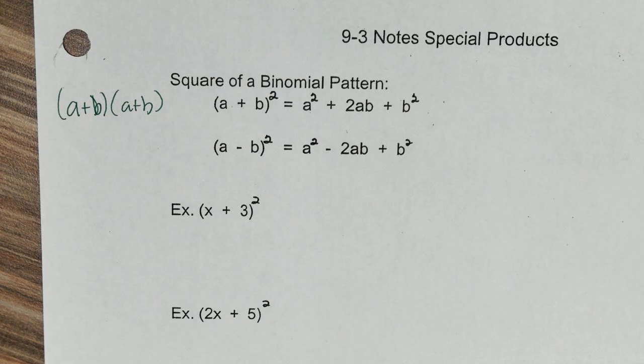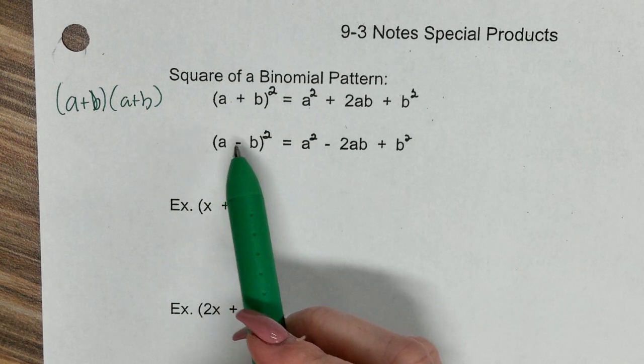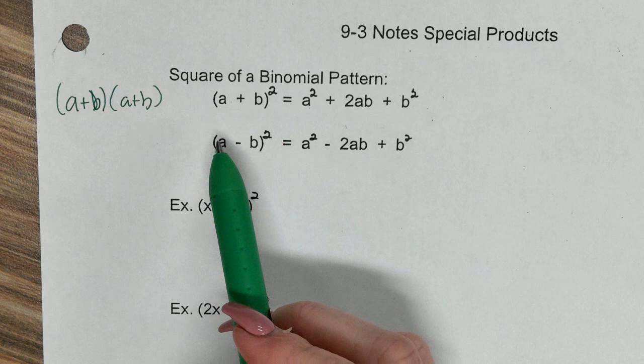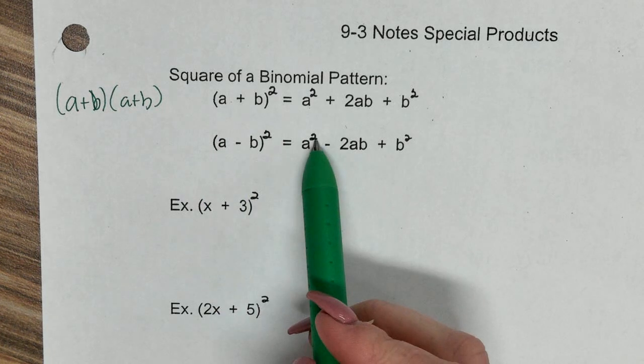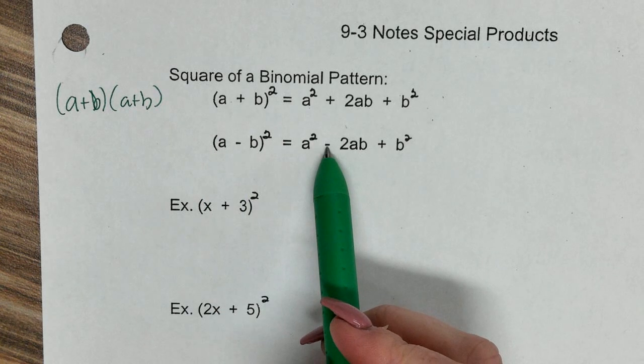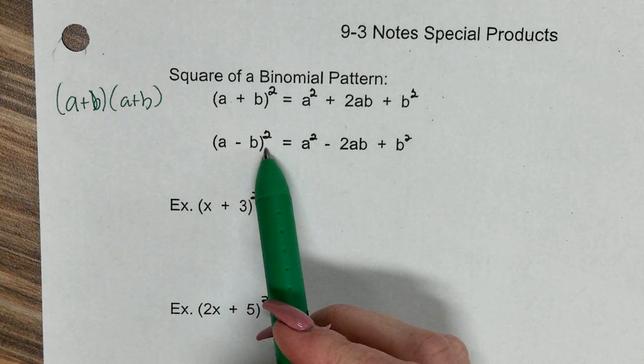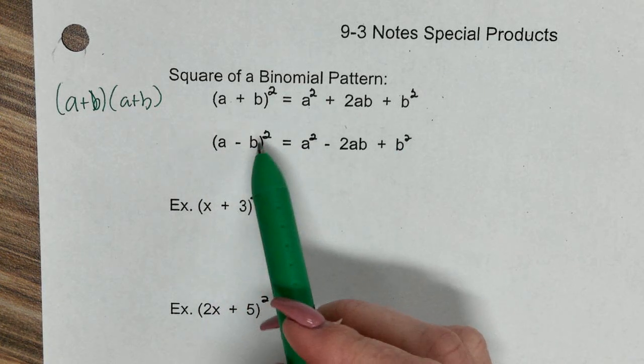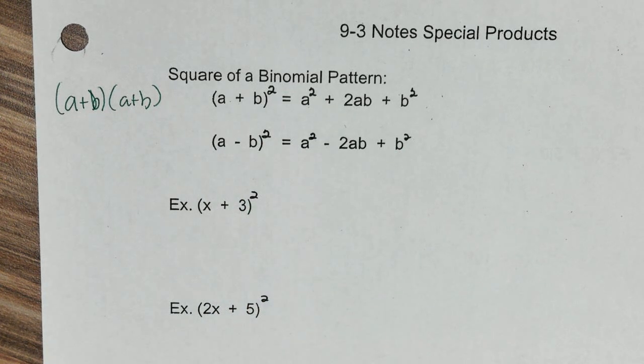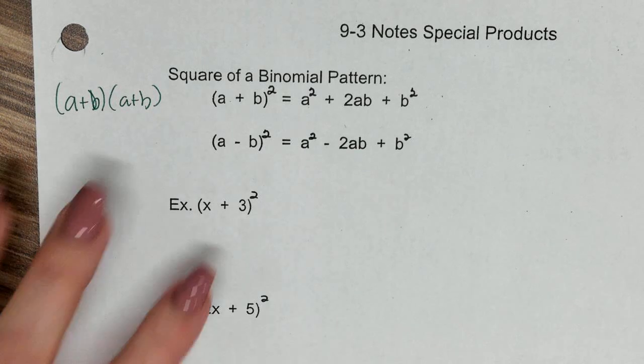Like I said, I don't remember these rules, but I'm teaching you them because I'm supposed to. Make sense? All right. If you have (a - b) squared, you just do the first term squared, then you put a minus sign and 2 times a times b, and then you square the last term, and it will work. So I'm just going to show y'all how easy it is.